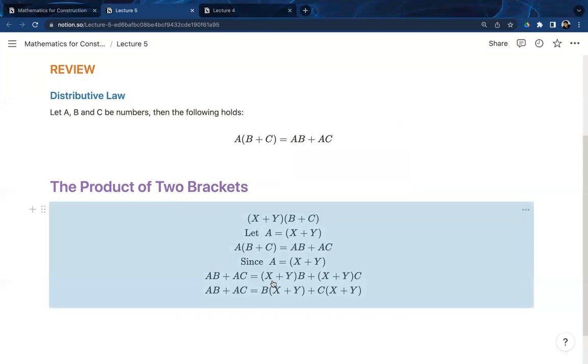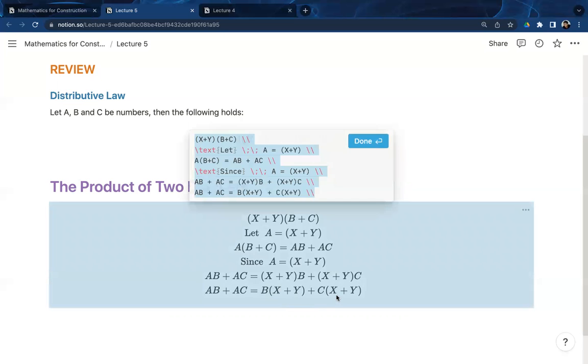Remember, 2 by 3 is 3 by 2. Multiplication is a commutative operation. The order of the operands is not important. 5 by 6 is 6 by 5. So x plus y multiplied by b is the same as b by x plus y. Same thing going on here. And then I can use the distributive law again to expand this out.